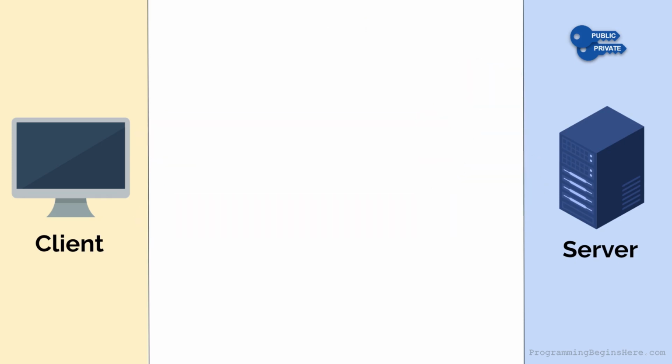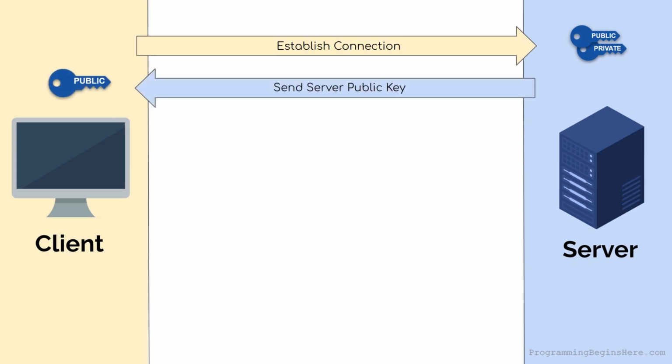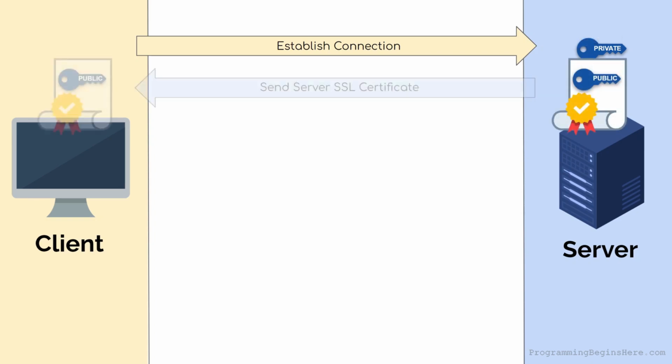As you may remember from my previous video, in the beginning of the shared session key exchange, after the client established a connection, the server sends its public key to the client. The truth is that the server sends to the client not just a server public key, but a so-called SSL certificate. And the server public key is just one piece of the data within that certificate.